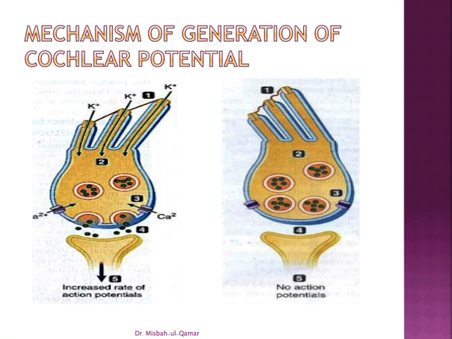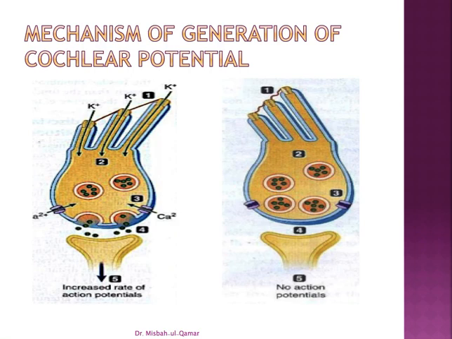So let's have a look at these figures, which are showing the depolarization and the hyperpolarization of the receptor hair cell. And you can look at the stepwise mechanism for the generation of the cochlear potential.